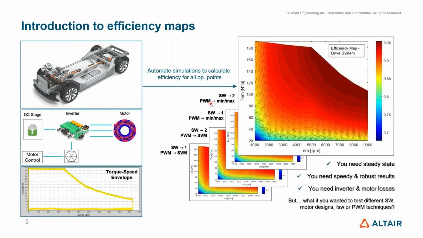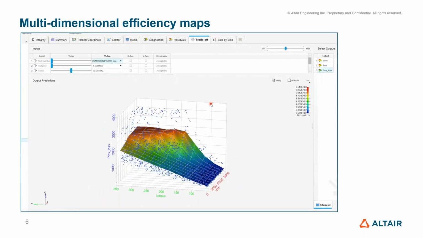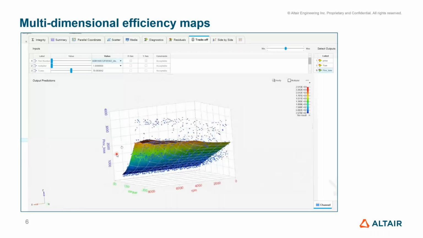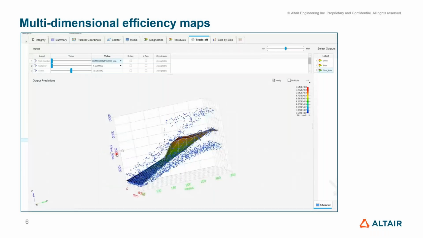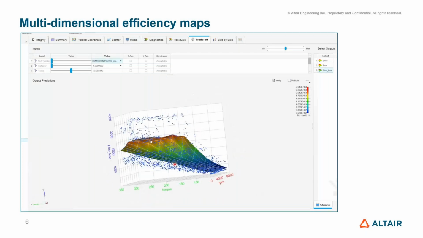Now, the solution we provide is, instead of having a 2D efficiency map, you can have a multidimensional one. As you can see, this captures the inverter losses, but capturing the efficiency would be mostly the same. The speed and torque are on the X and Y axes. The inverter loss is on the Z axis.